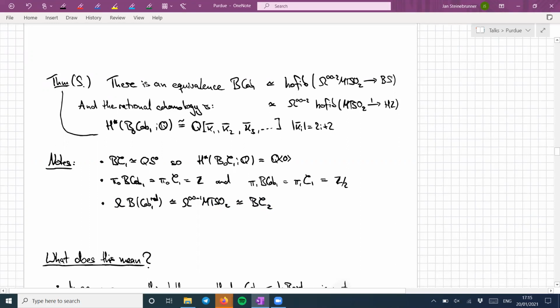Quick question. How should you think of these kappa I bars as characteristic classes? I think that via this odd equivalence, they're related to things that are definitely characteristic classes.